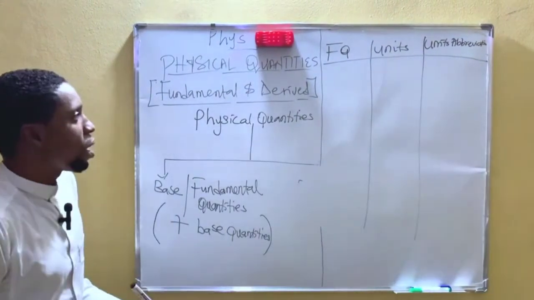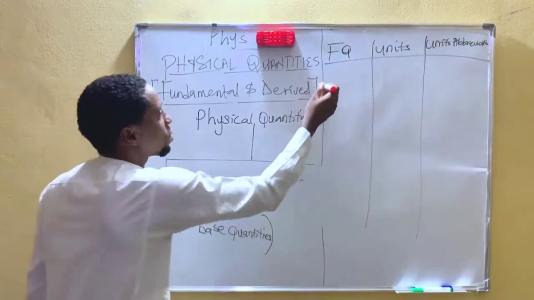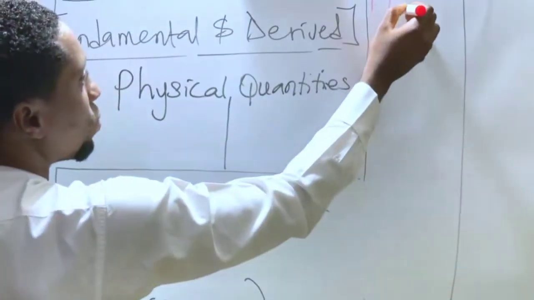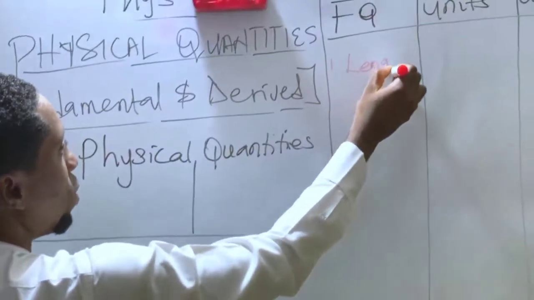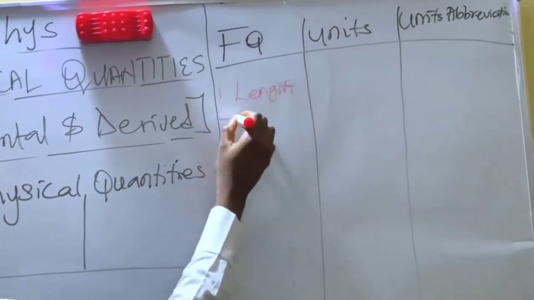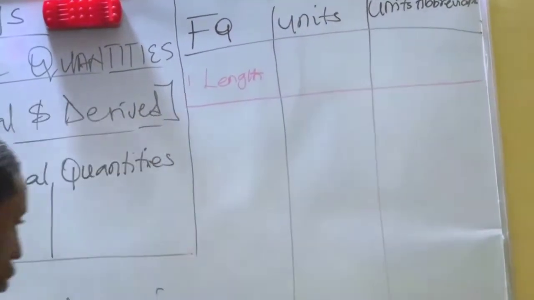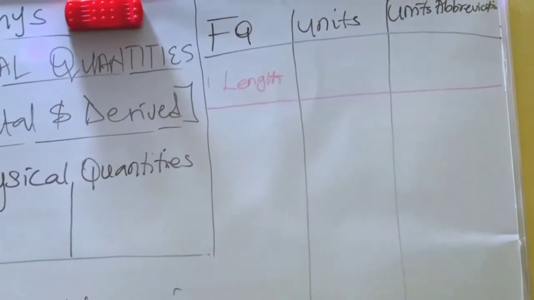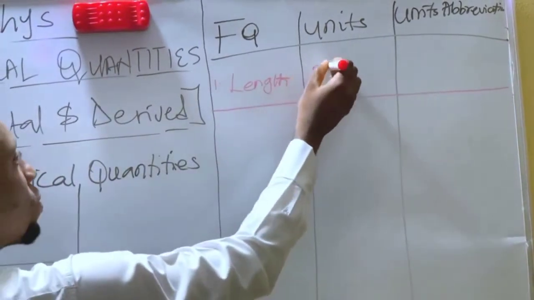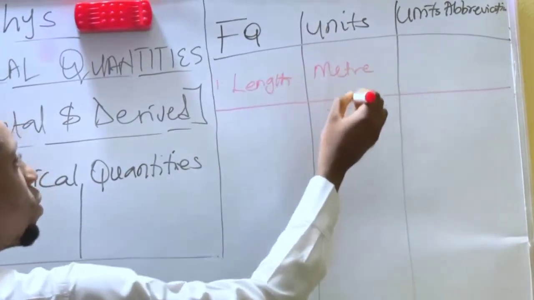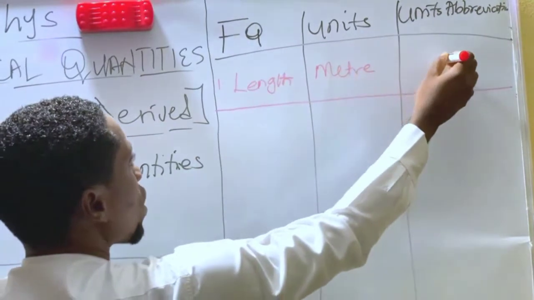Let's begin. Number 1 on our list is length. Length is measured in meter. The unit abbreviation is m.